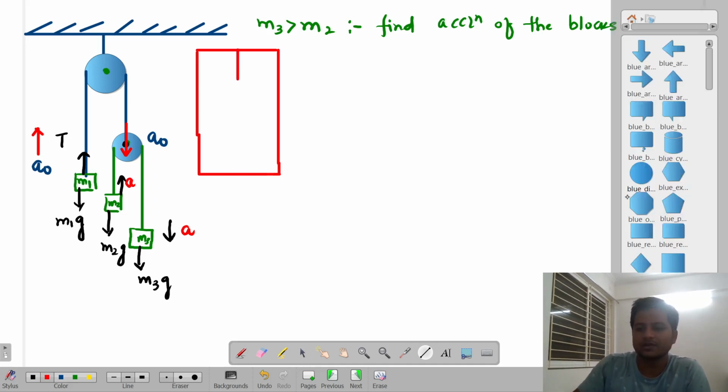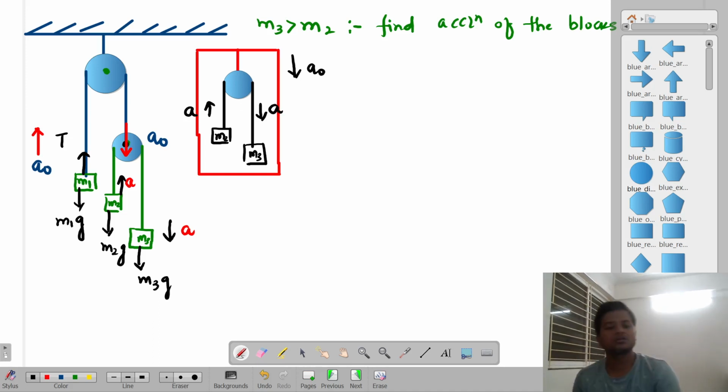Over here, the two masses are attached as M3 and M2, and the lift is going down with acceleration A naught, and these bodies have their own accelerations A and A. Are you able to get me or not?